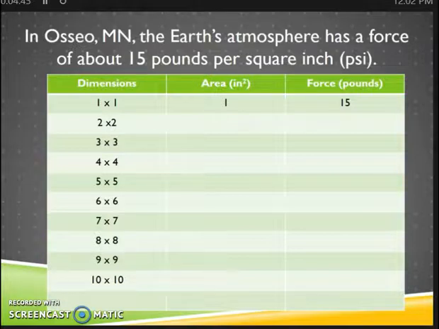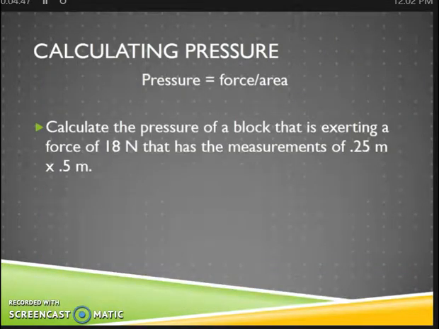So going back to how we calculate pressure. Calculating pressure, we use the formula force divided by area. The first question that we can work on is calculate the pressure of a block that is exerting a force of 18 newtons that has a measurement of 0.25 meters by 0.5 meters.